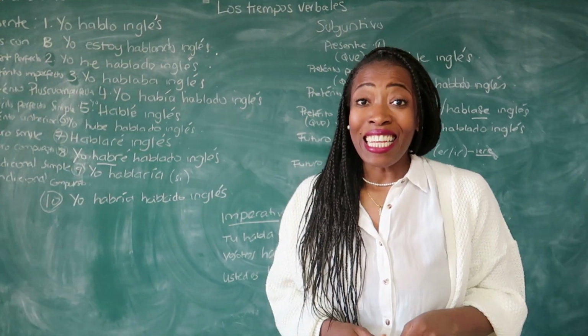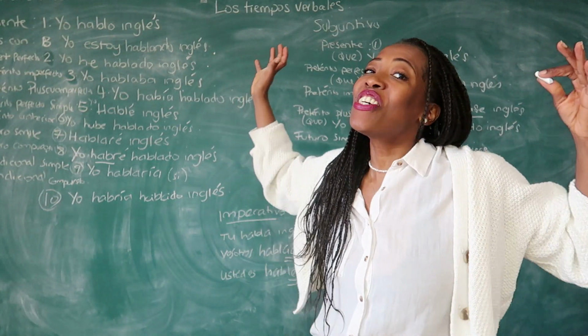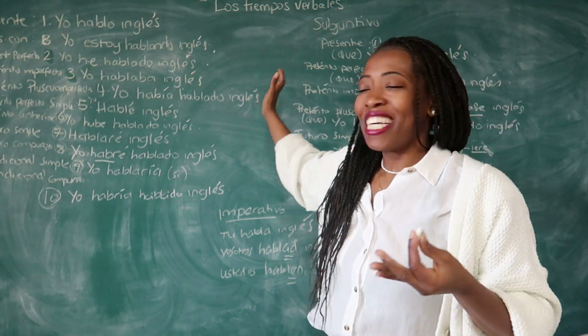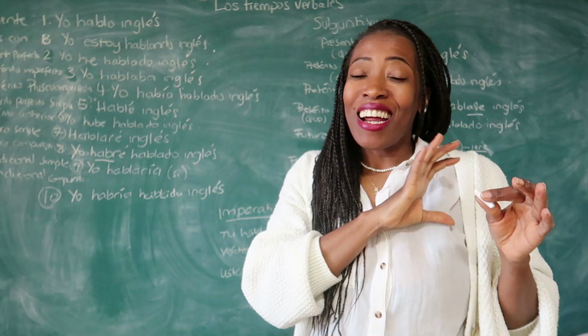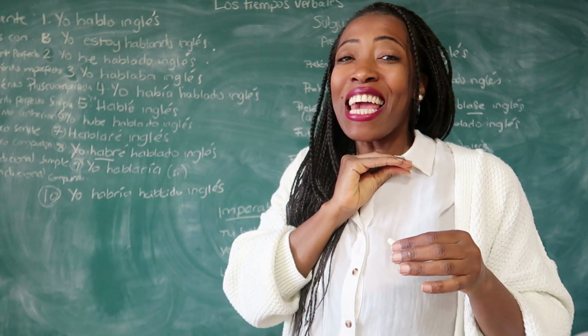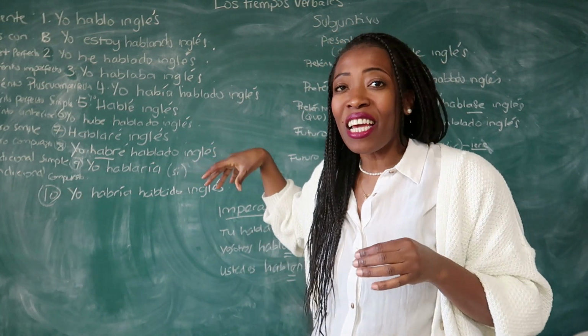So, that is it. With your conjugations, all the conjugations that you need to know are on the board. Remember, there are 10 different ways you can conjugate a verb in the indicative, and 6 ways to do it in the subjunctive.